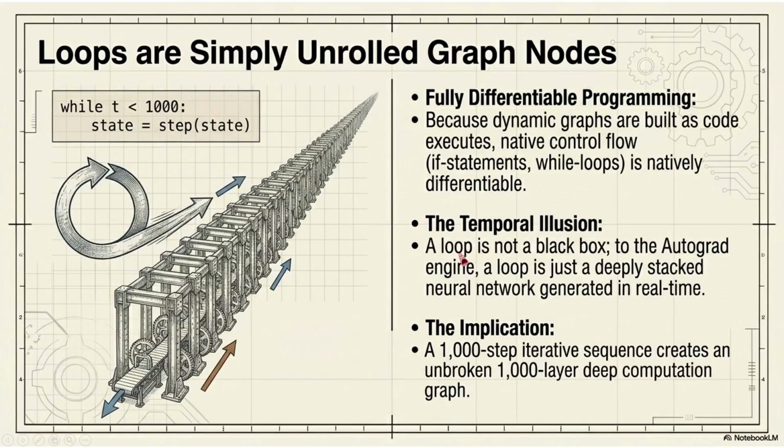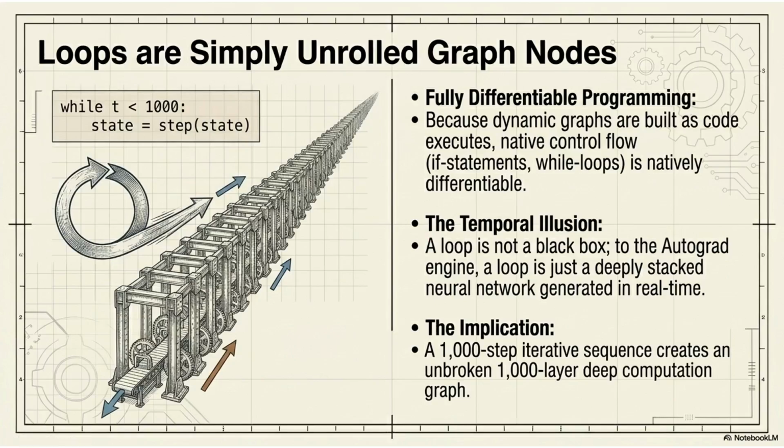So, because this graph is built as the code executes, we achieve fully differentiable programming. Native Python control flow like if statements and while loops becomes natively differentiable. But this creates a fascinating temporal illusion in the Autograd engine.